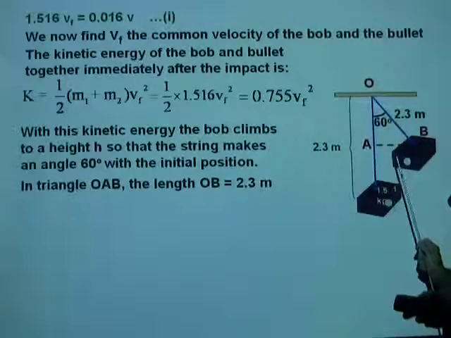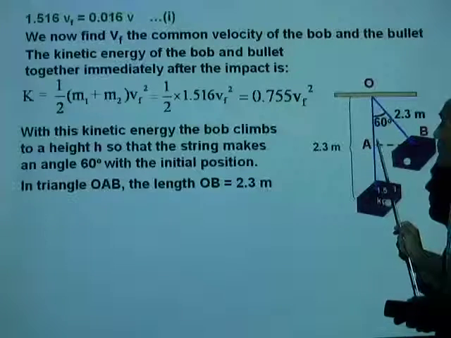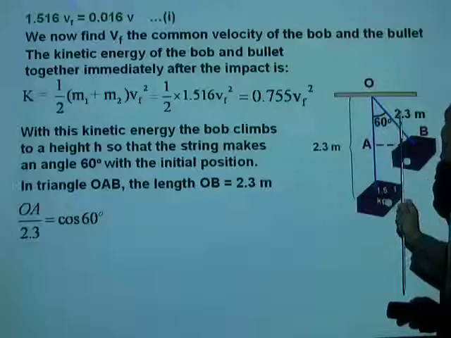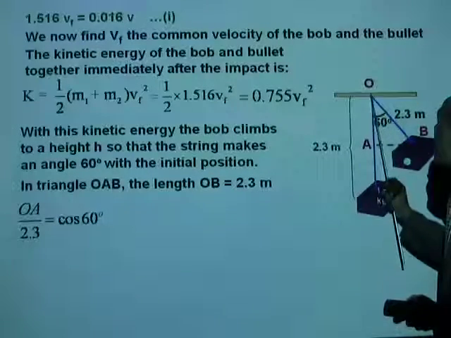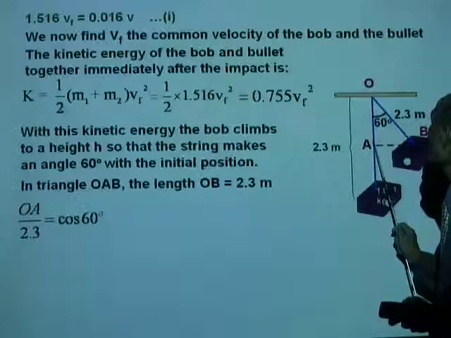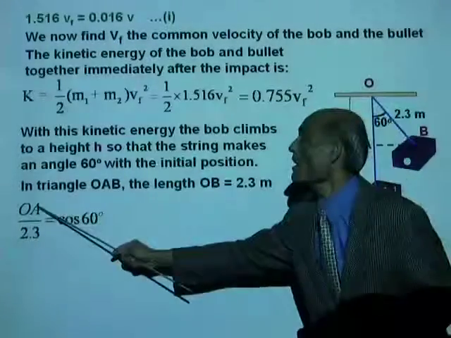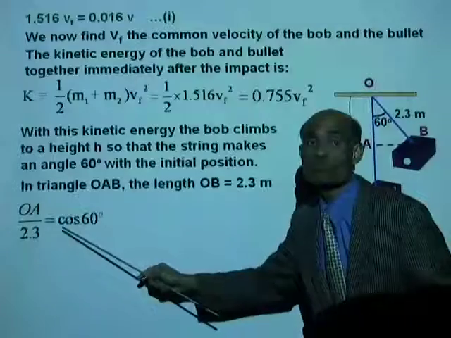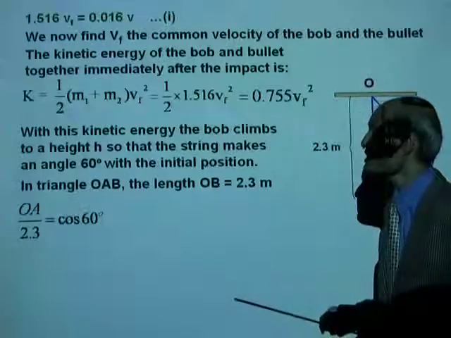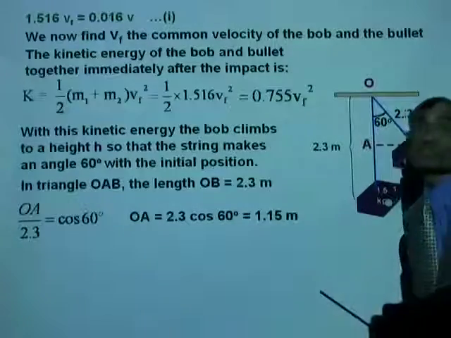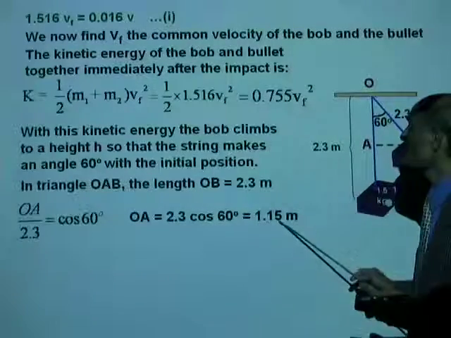Now we can find the length OA. If this is 60 degrees, OA is the adjacent side and 2.3 is the hypotenuse. Therefore, OA divided by 2.3 is cos 60 degrees, and that gives us OA equal to 2.3 cos 60 degrees.